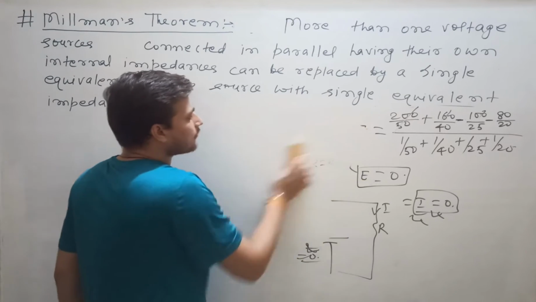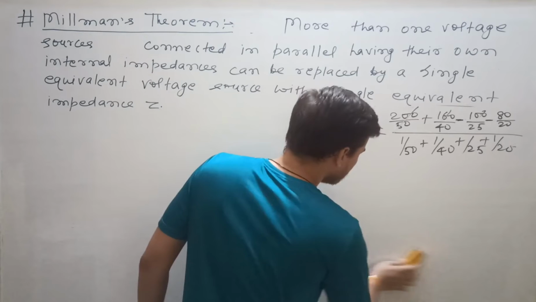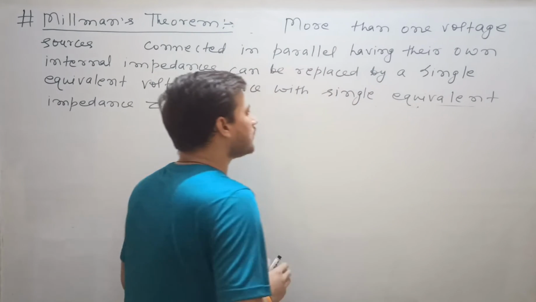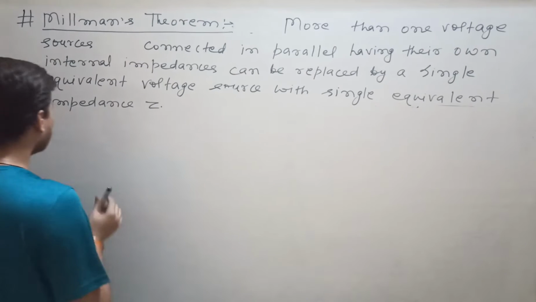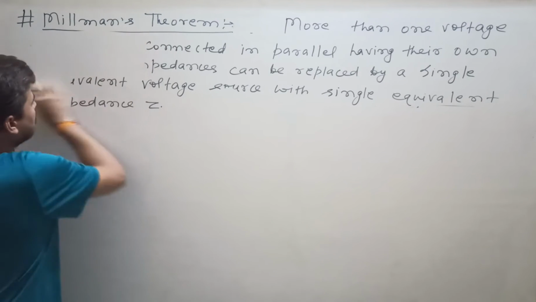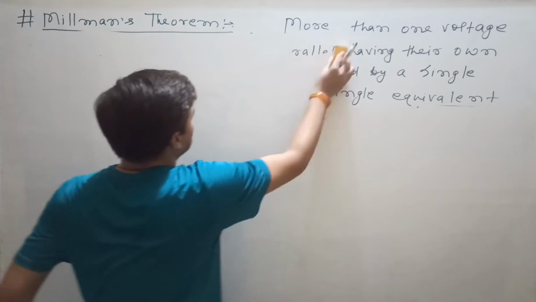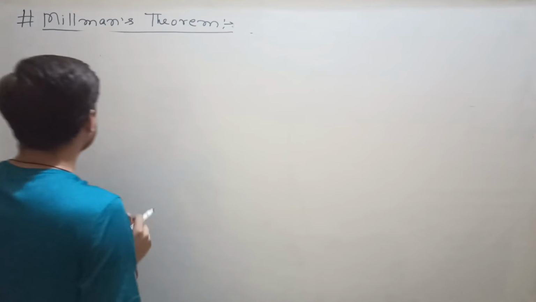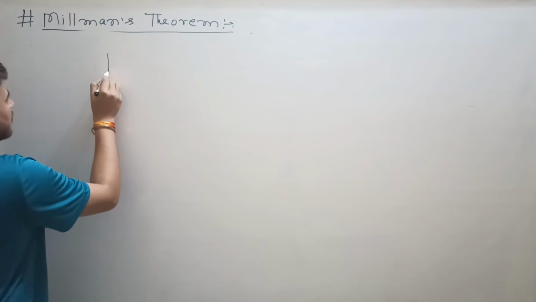Next, I am discussing one more trick to solve the questions of Millman's theorem in one step. So let us see how. Suppose we are having the circuit like this one.